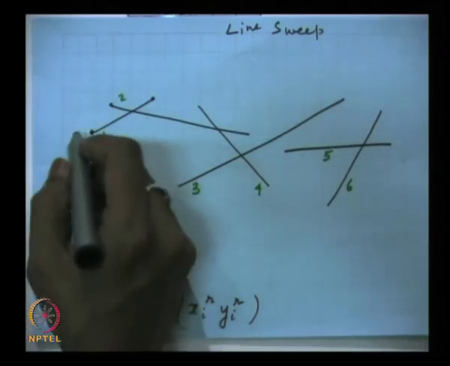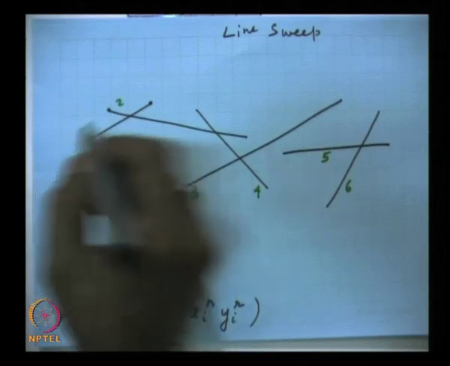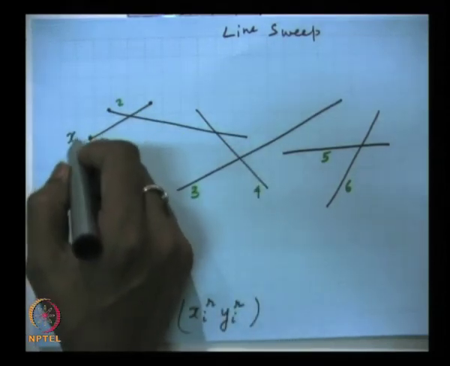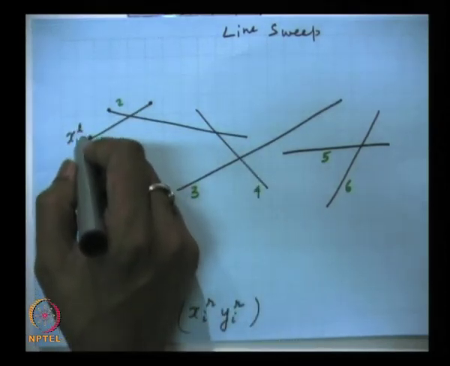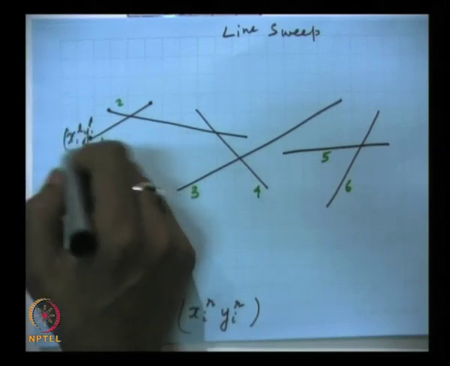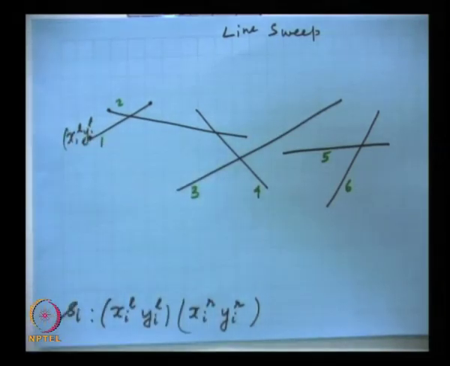So, this is x 1 L and y 1 L. This is the endpoint, and this is let us say the smallest x coordinate.